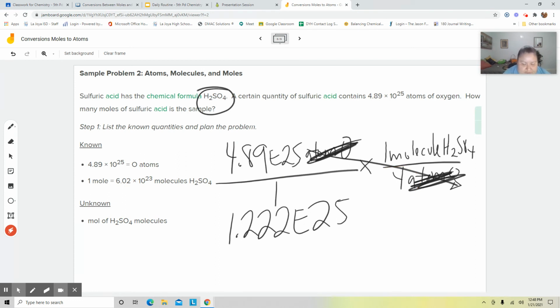Isn't there a number after the E, Oscar? E25. You must include it. If there is an E at the back of your number, you must include it. The E and the 25.